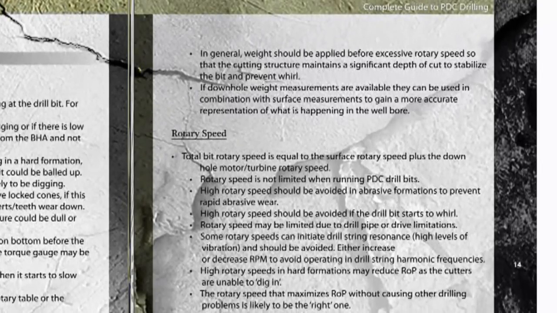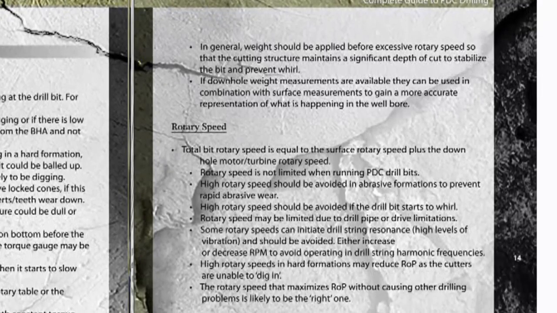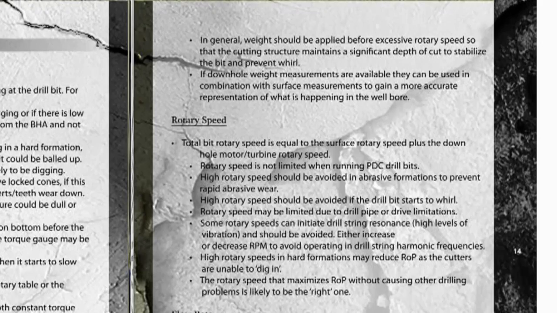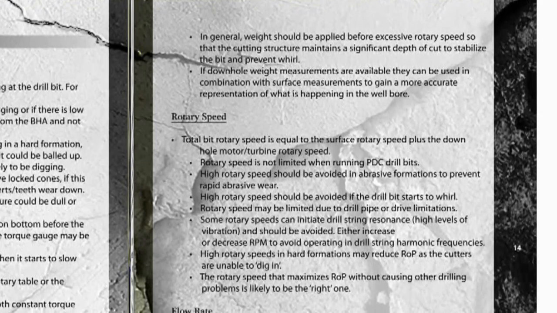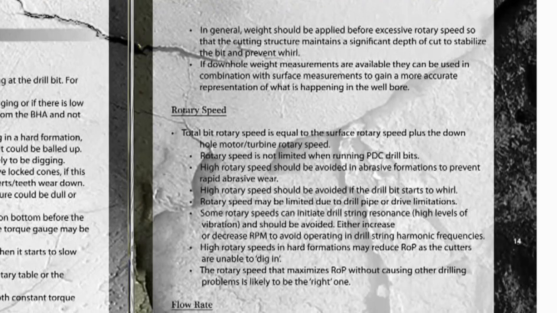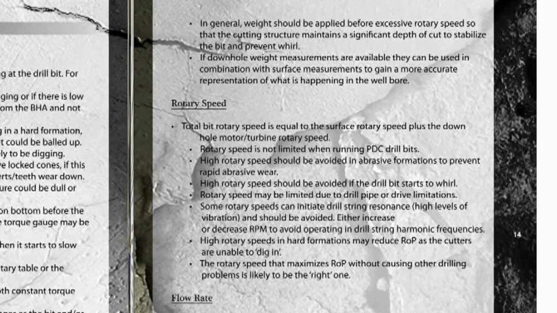In general, weight should be applied before excessive rotary speed so that the cutting structure maintains a significant depth of cut to stabilize the bit and prevent whirl. If downhole weight measurements are available, they can be used in combination with surface measurements to gain a more accurate representation of what is happening in the well bore.